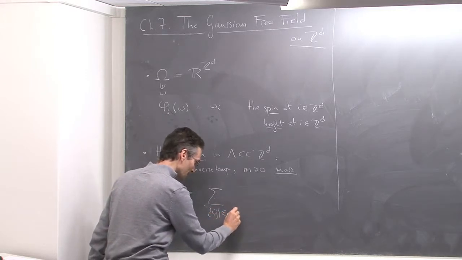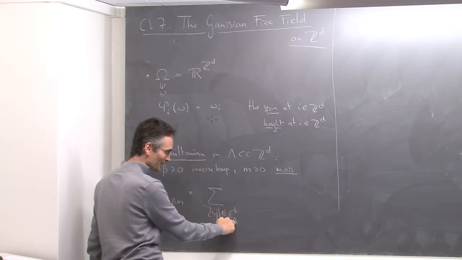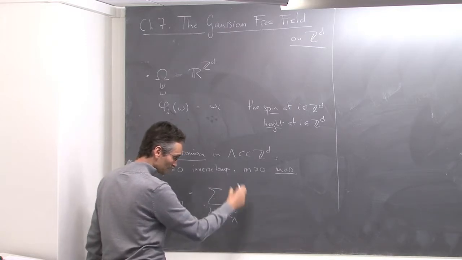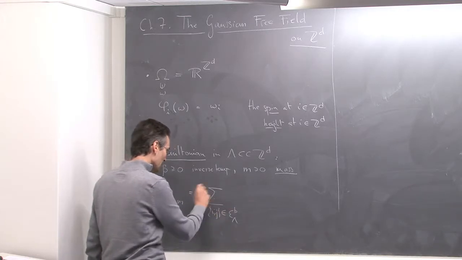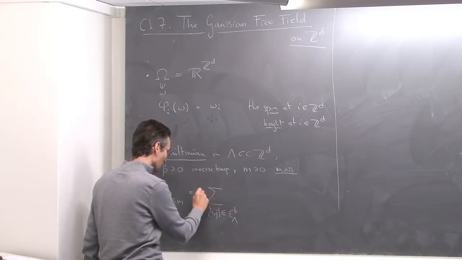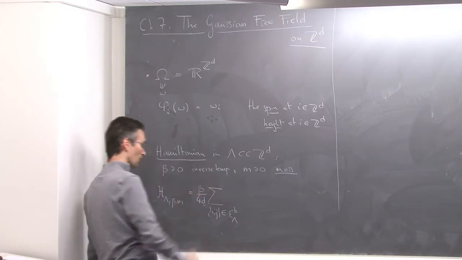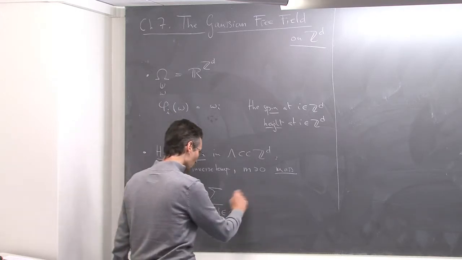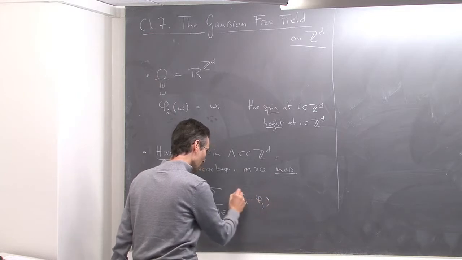Again, remember, this is the set of all edges in Lambda, or between a vertex in Lambda and its neighbor outside Lambda, if there is one. The normalization will look a bit strange, but it will be very convenient later on: beta over 4d, where d is just the dimension of the lattice, times (phi_i minus phi_j) squared.